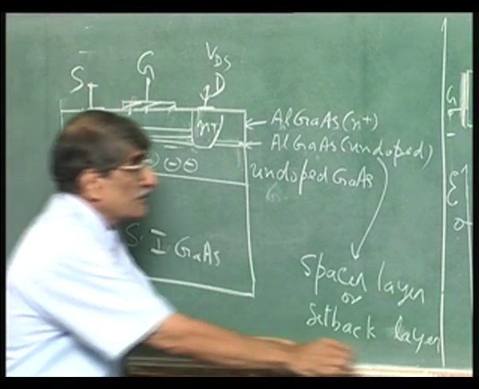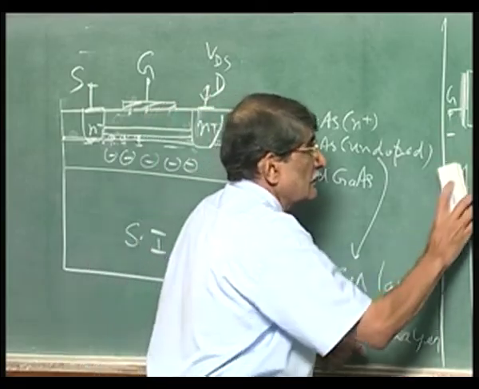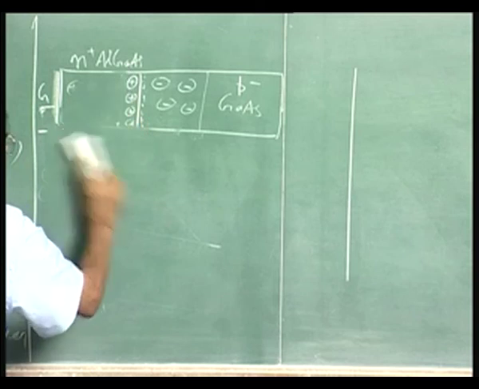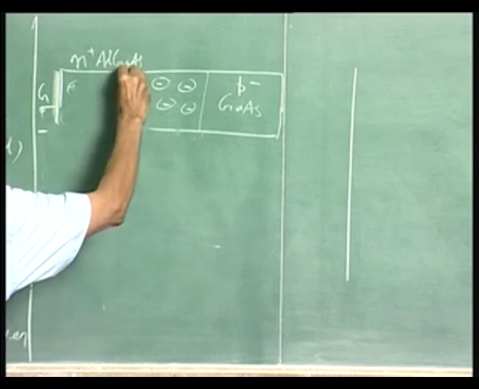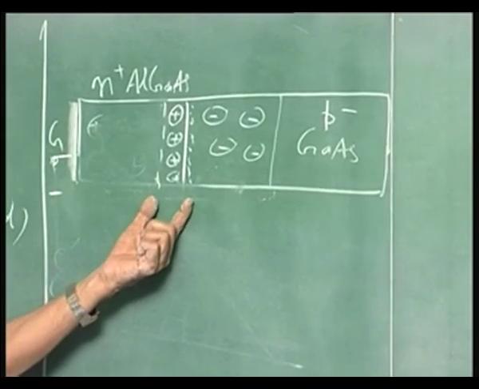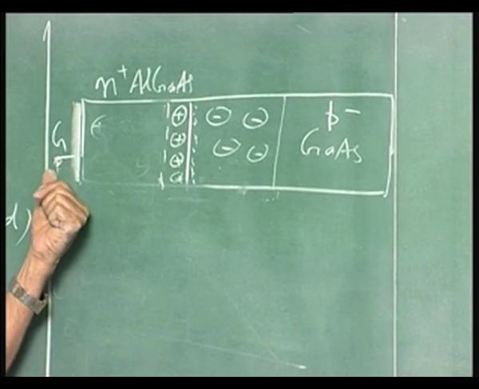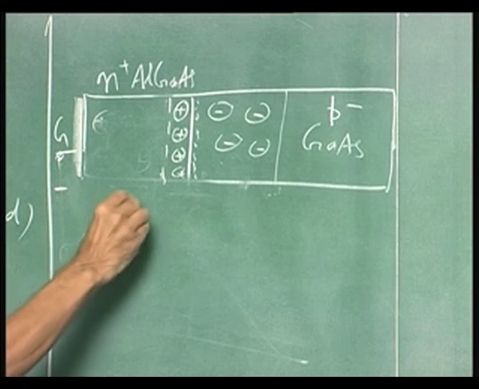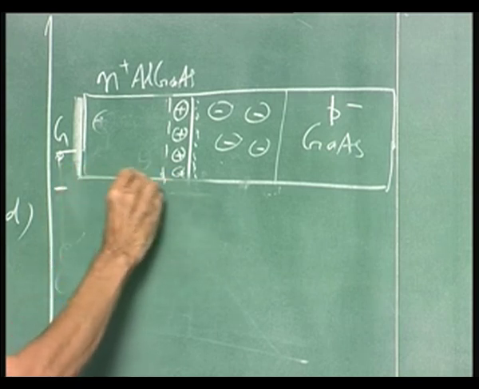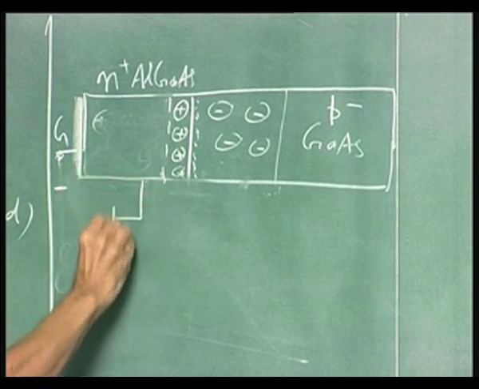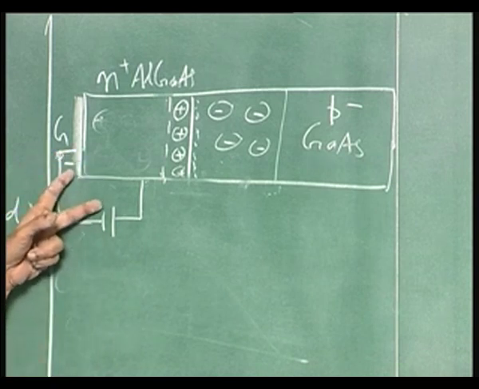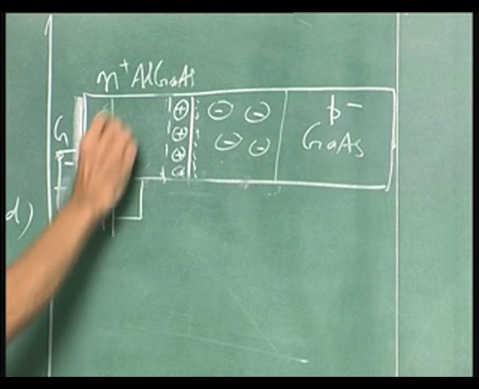In fact, if you see this diagram here, if I have this depletion layer, that is there whether this metal is there or not. So, when I apply voltage negative with respect to this quantity, and if I keep on increasing that negatively, depletion layer keeps on moving.